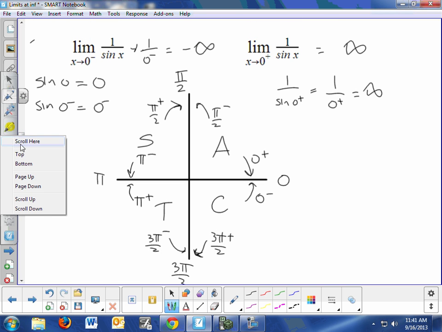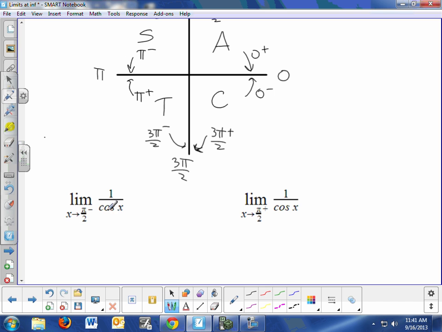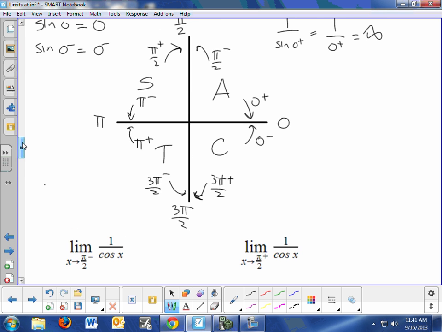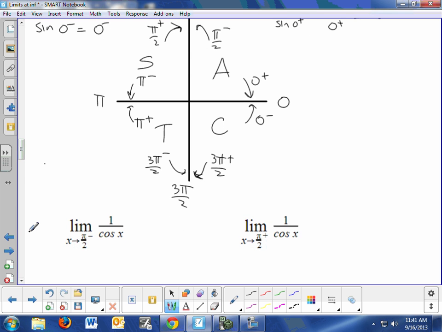Okay? Now you guys do something with cosine of pi over 2 from the left. See how that looks. See where you are when you're at pi over 2 from the left.